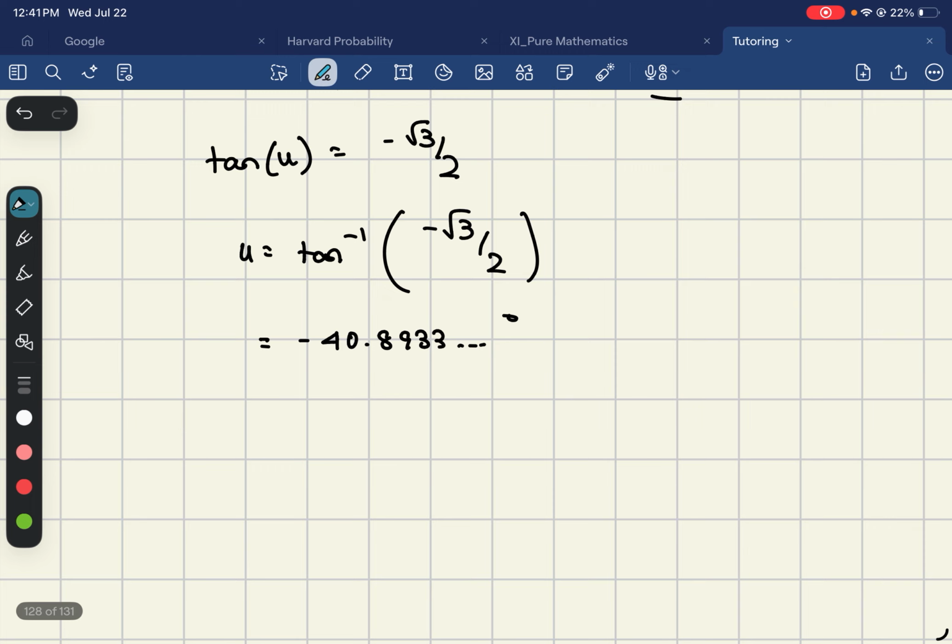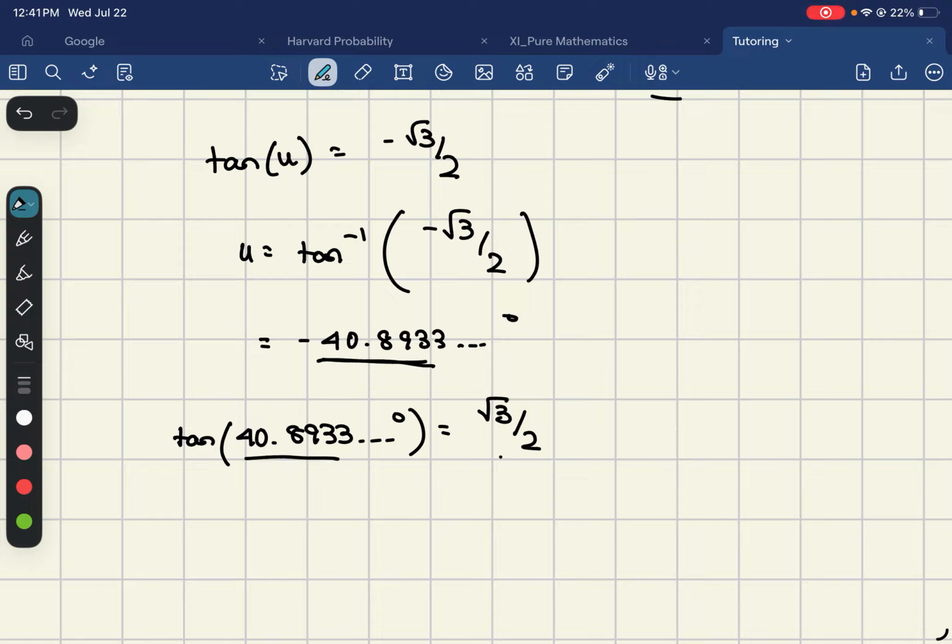But this tells me that tan of the positive of this acute angle, and I love acute angles, right? Acute angles make our lives easier. It's going to be the positive root 3 by 2. So tan of the positive acute angle is going to give me the positive answer. All right. And this comes from, as we discussed, the fact that tan is an odd function.